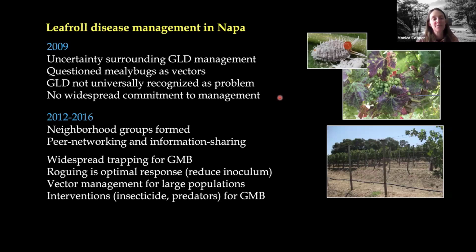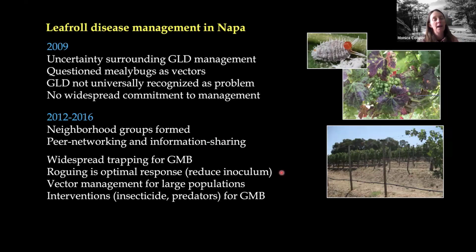As people were successful, they were sharing their successes, they were sharing their challenges as well. As I mentioned, we did widespread trapping for grape mealybug in these regional groups. And as we met monthly, we would share that information so that people could understand not only what populations we were seeing, but at what life stage they were in. So we were looking at the phenology through trapping.